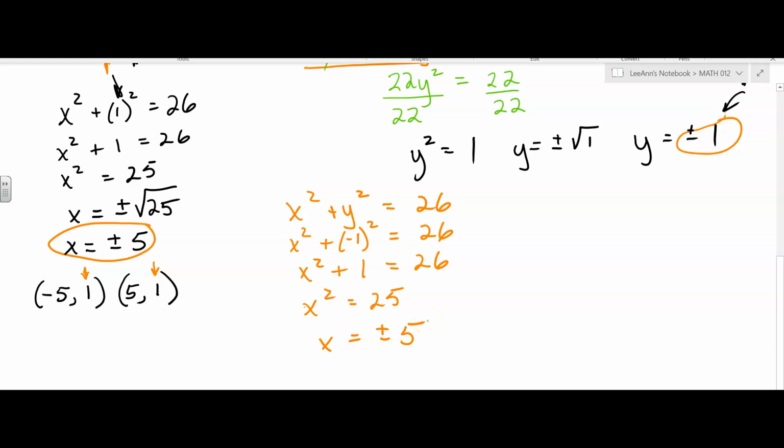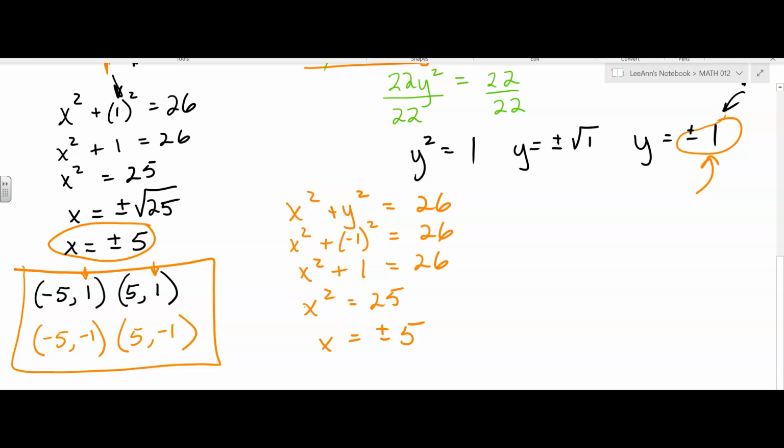Same process. So we're going to get two more ordered pairs for our solutions. What did we plug in? We plugged in negative 1 for y. And our x was negative 5. So you have an ordered pair negative 5, negative 1, and another ordered pair 5, negative 1. And so you get 4 ordered pairs for solutions.